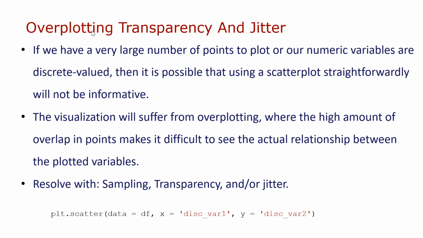So when we do a plotting of these graphs, do you remember when we said 0.1, 0.2, 0.3, point x and y, and I gave you for x equal 1, y equal 2, for x equals 0, y equal 1? Do you remember all these things? So if you have a very large number of points to plot, or our numeric variables are discrete values, then using a scatter plot straightforwardly may not be informative.